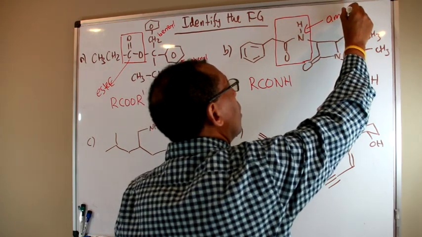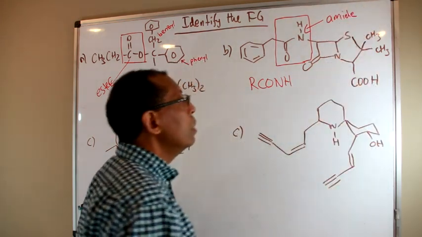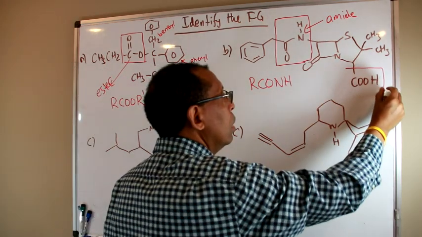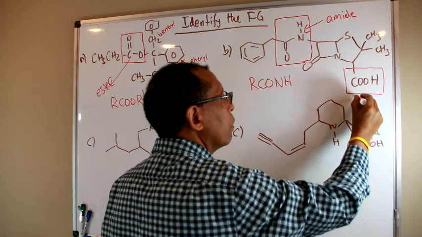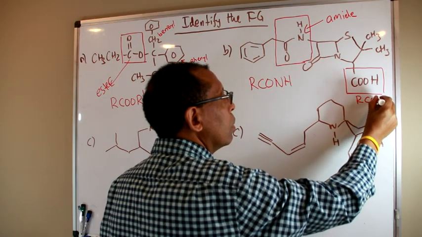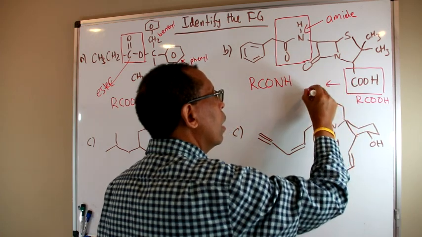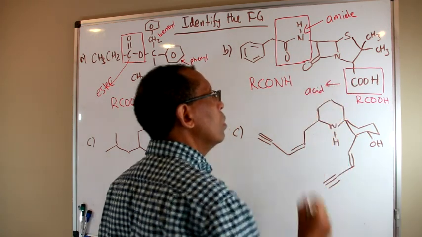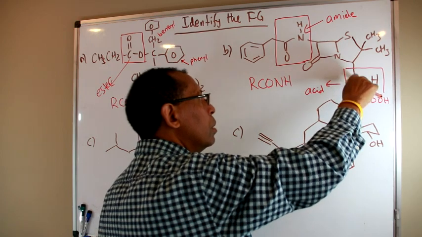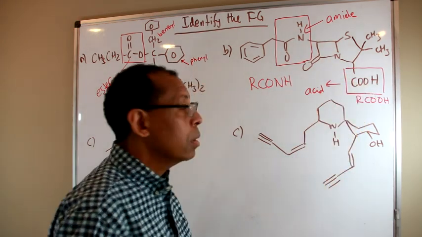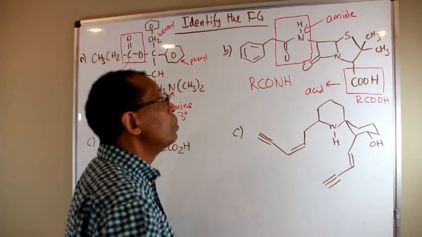Not amine, but amide. And here you have RCOOH, which is an acid. This is an R group attached to COOH, and that would be an acid group.